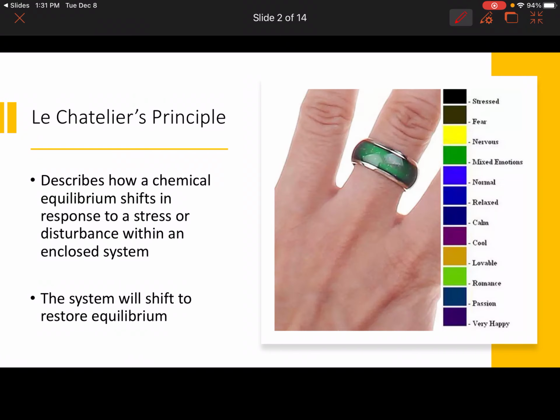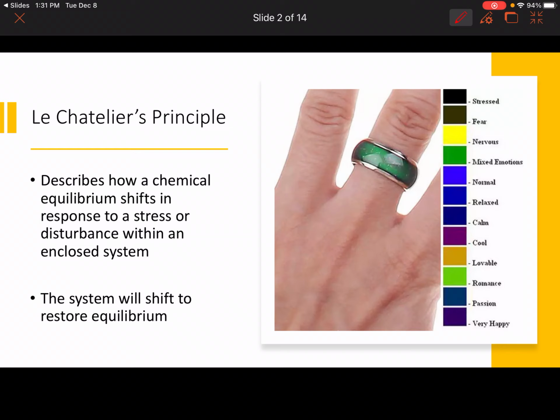An example of this, hopefully some of you will know what this is, is a mood ring. So mood rings change color, and the theory is that it changes color according to your mood. Now, of course, that's not rooted in science at all. What's actually changing the color of a mood ring?